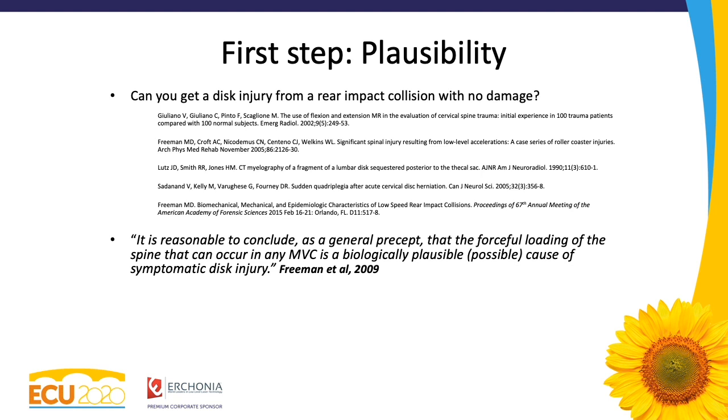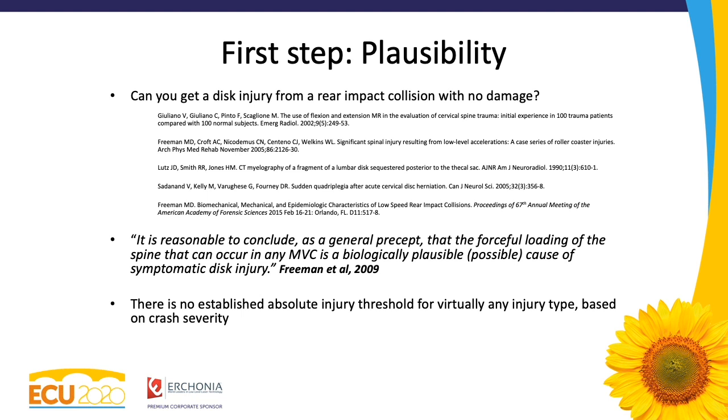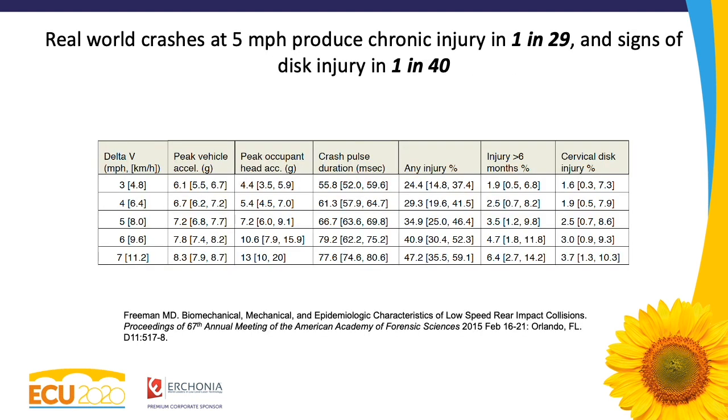basically any motor vehicle crash, MVC, is a plausible or possible cause of a symptomatic disc injury, regardless of the severity of the crash. I can also point to an epidemiologic study that shows that even in a 5 mile an hour, 8 kilometer per hour rear impact crash, chronic injury occurs in about 1 in 29 or 1 in 30, and there are signs of neck disc injuries in about 1 in 40 of the population.